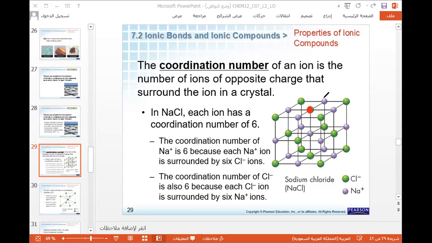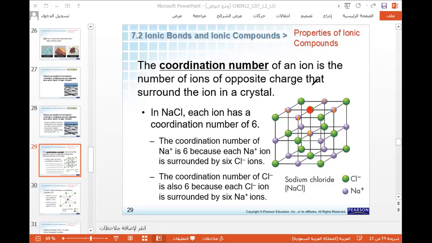This is number 1, this is number 2, 3, 4, and here number 5.